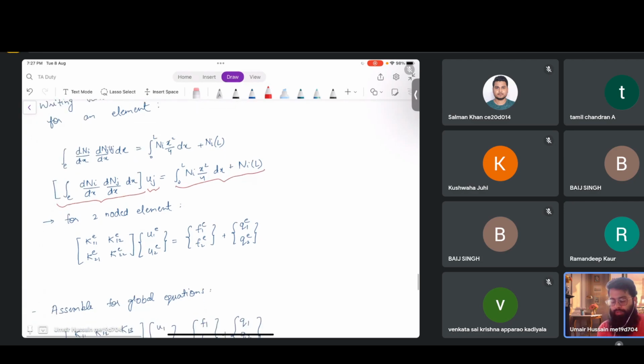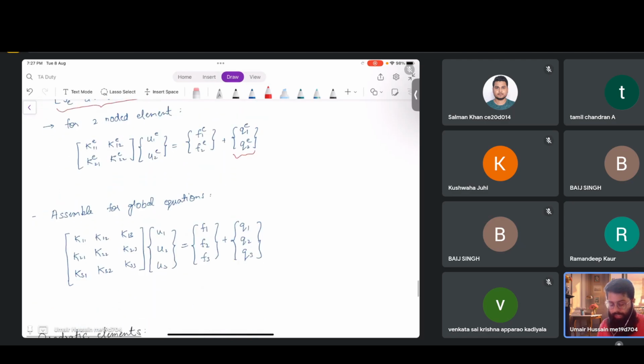So for the case of 1D linear elements, we get a 2 by 2 matrix and two nodal displacements, and on the right hand side we have two force terms, and we write the boundary force term contribution separately. Again we have two elements connected at one node.